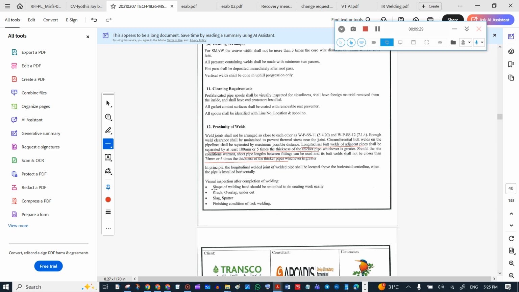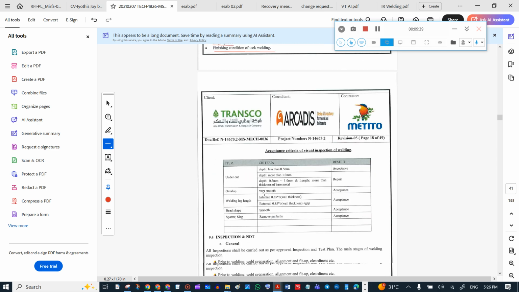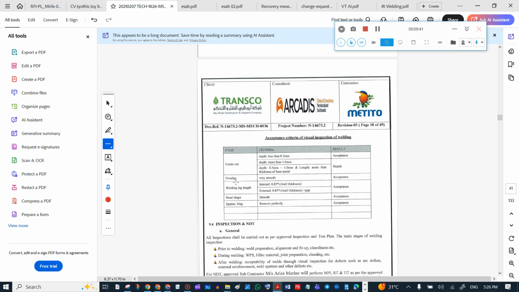And we are checking for the shape of the weld bead, crack, overlap, undercut, slag, spatter, and finishing condition of the tack welding, and this is the acceptance criteria of the visual inspection. If the undercut is less than 0.5, it is accepted.